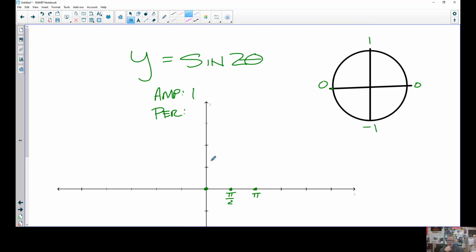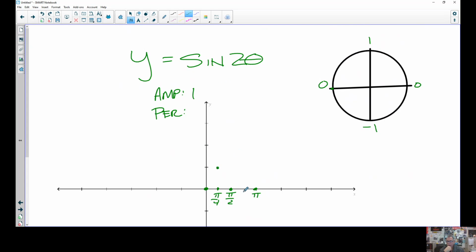Well, how is this my graph? Think about what happens in these in-between points. If I have pi over 4 and I plug it in, 2 times pi over 4 is what? That's pi over 2. So that's where I get my 1. My 1 is actually right here.